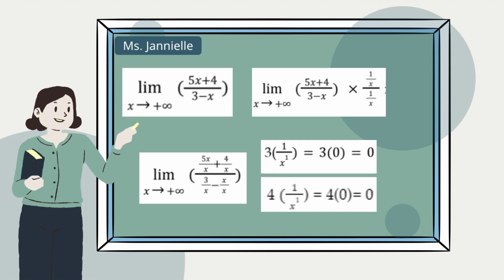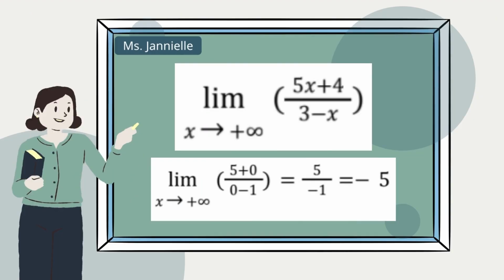And the same here in 3 over x, which is 3 times 1 over x, equal to 3 times 0, which is equal to 0. So the limit of (5 + 0) over (0 - 1) as x approaches positive infinity is equal to 5 over negative 1, which is equal to negative 5.